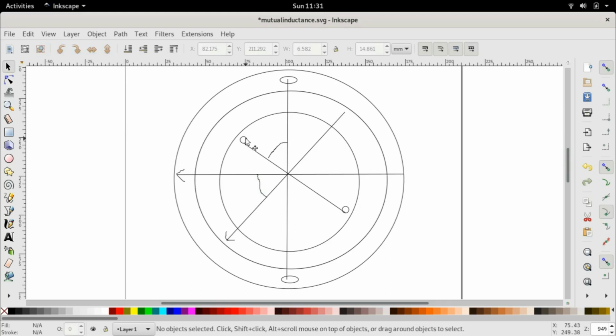As this rotor rotates and produces a rotor flux, this rotor flux will also be rotating, and the rotor flux will always be perpendicular to the rotor axis. So for different positions, this rotor flux will have different linkages with the stator.